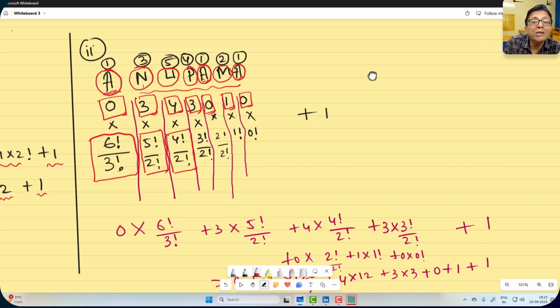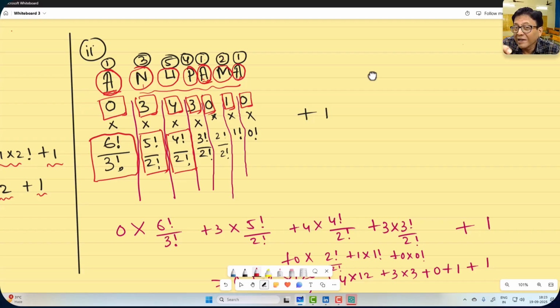That's why not only these two, you should remember this also. That's why I have divided by factorial 3, not by factorial 2. Right side of N, repetitions are there for A only, so factorial 5 by factorial 2. Right side of U, these two are repeated, so factorial 2. Right side of P, A are repeated, so twice, so factorial 3 by factorial 2.